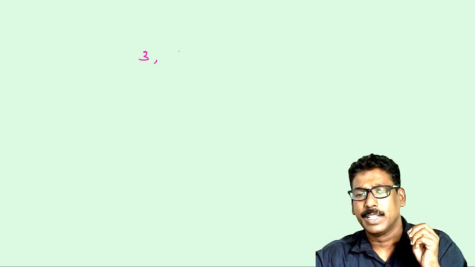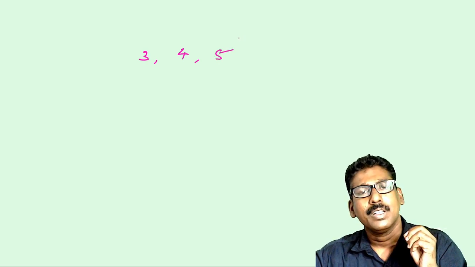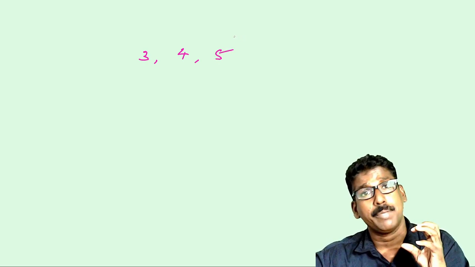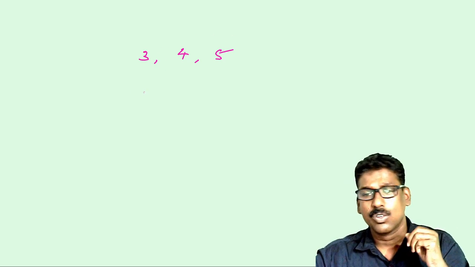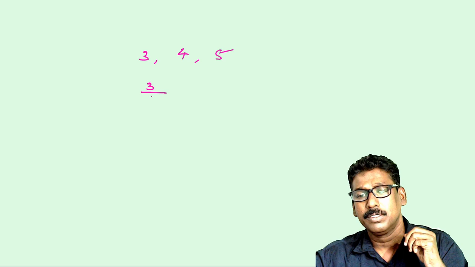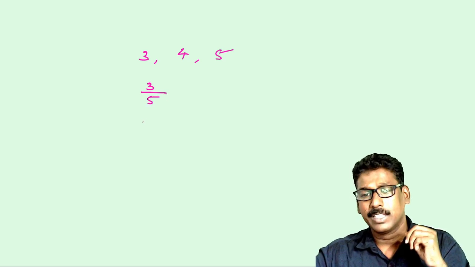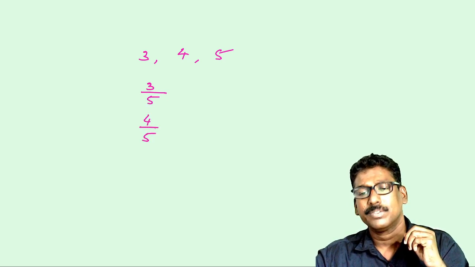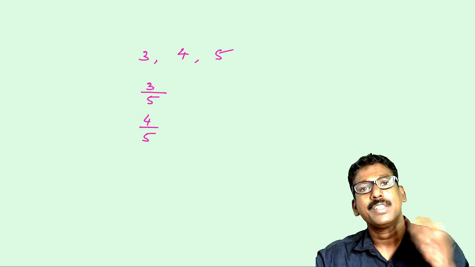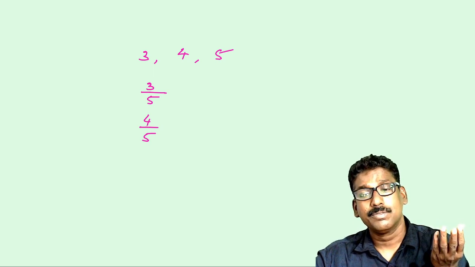Now, let me take three numbers: 3, 4, and 5. How many ratios can be made from these three numbers? One ratio is 3 by 5, another ratio is 4 by 5, and one more ratio, can you say?